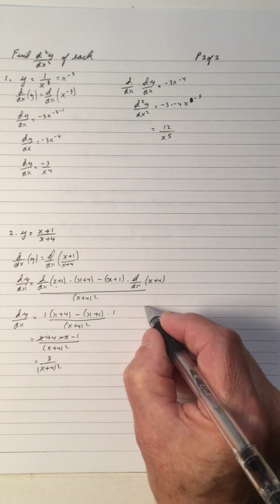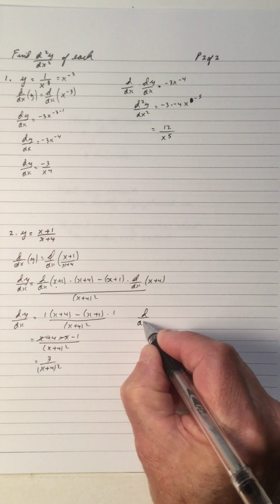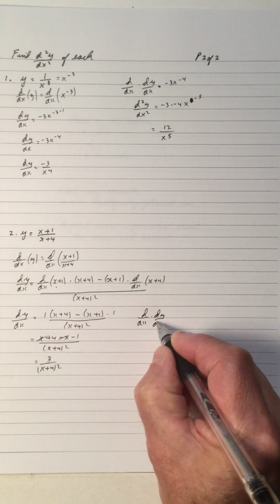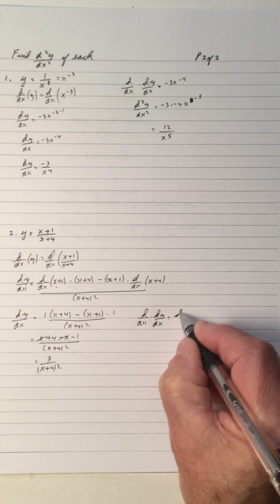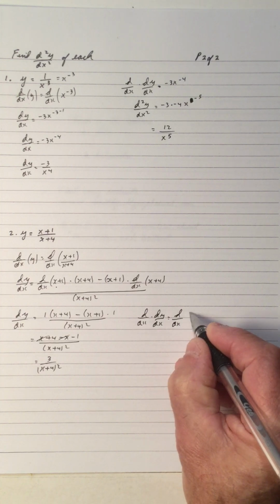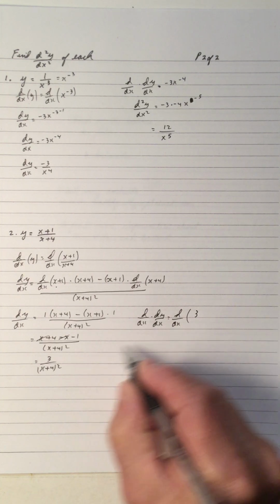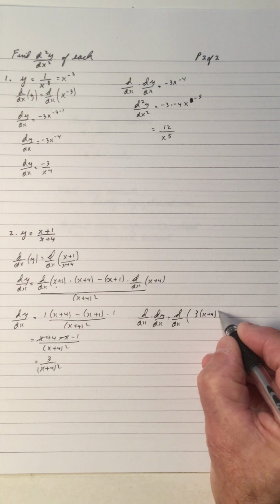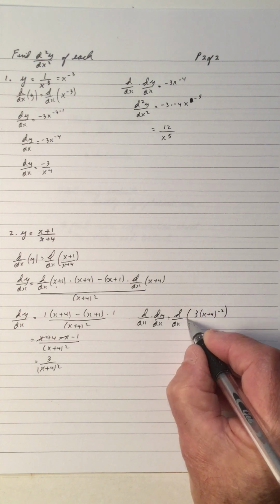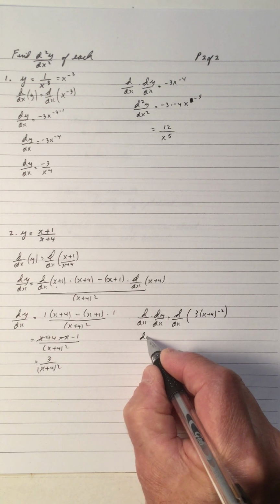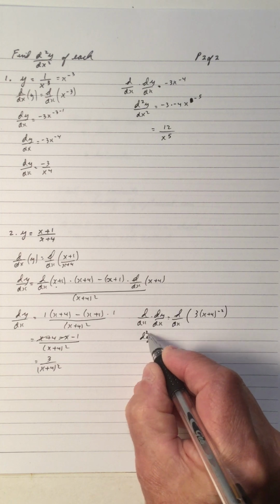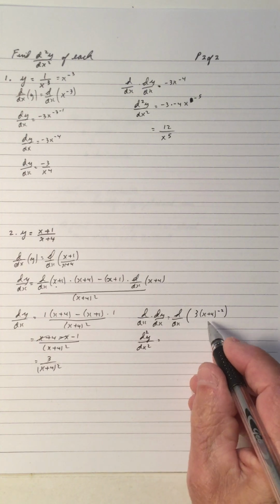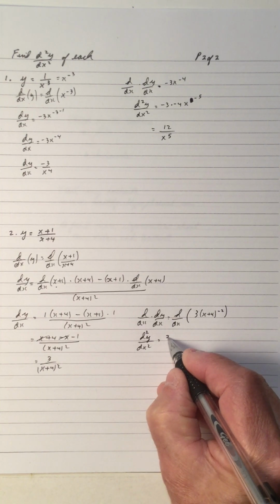Okay, now we've got to do d dx on this one, so it's dy dx and dx of 3 all over x plus 4 squared, and I'm going to change this to a negative exponent, which makes it simpler than using a quotient. So this is d squared y over dx squared, and we've got a constant here, so the constant goes in front.